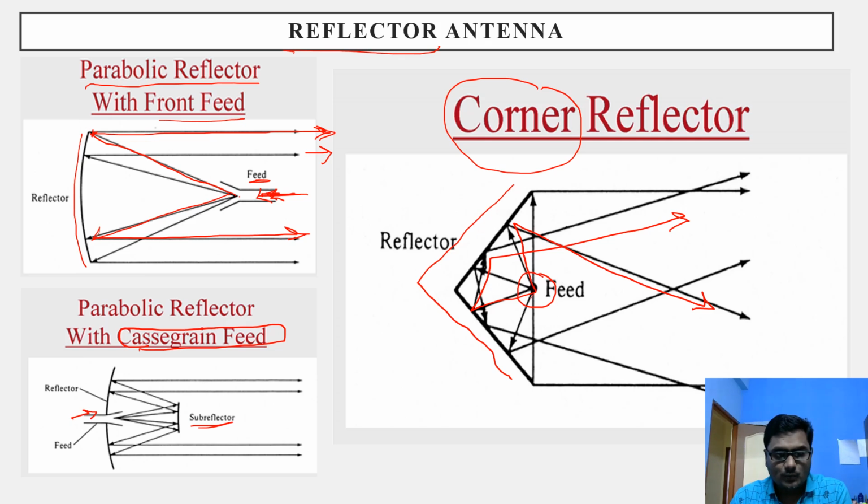A wave will get bombarded here on the sub reflector, and then again the sub reflector will reflect the wave to the major reflector, and the major reflector will reflect the wave into the environment. So look at this, 1, 2 and 3 reflections are there. This is called Cassegrain feed. We are not entering into the detail of Cassegrain.